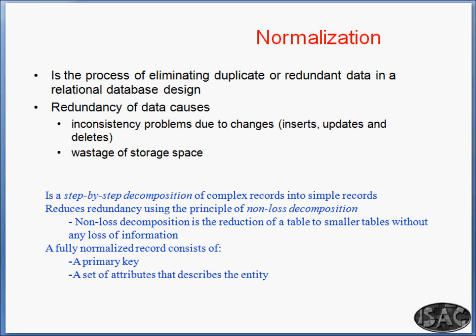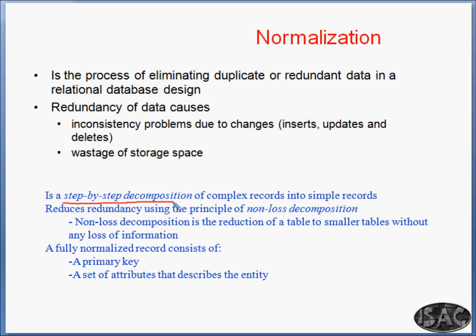Normalization is a step by step decomposition of complex records into simple records. If we have a bigger table, we can make smaller tables and relate them to each other, breaking it down step by step.